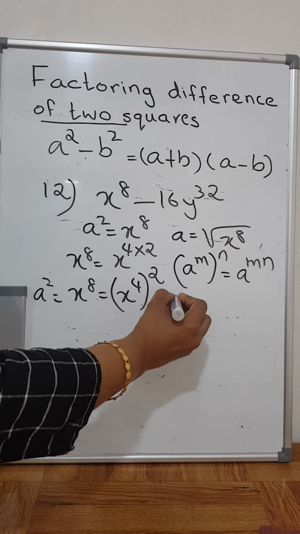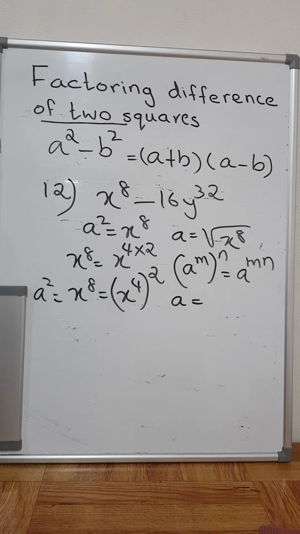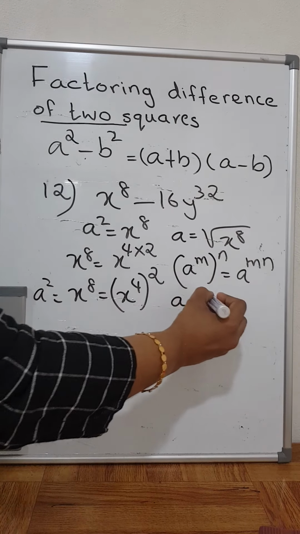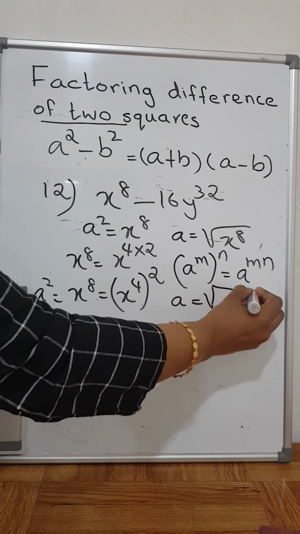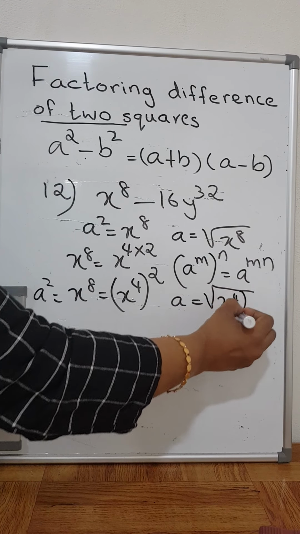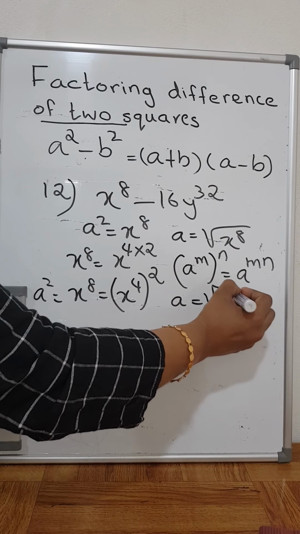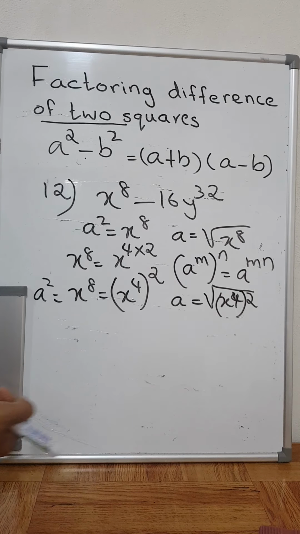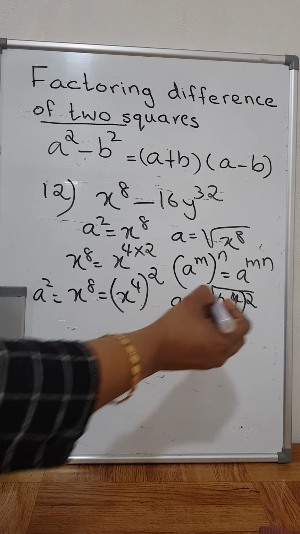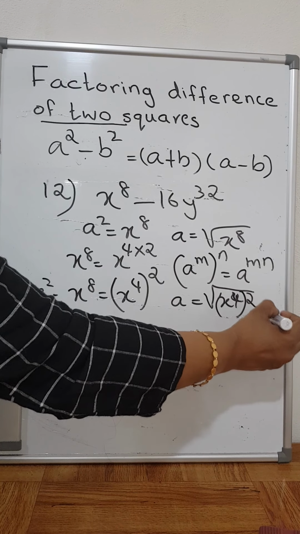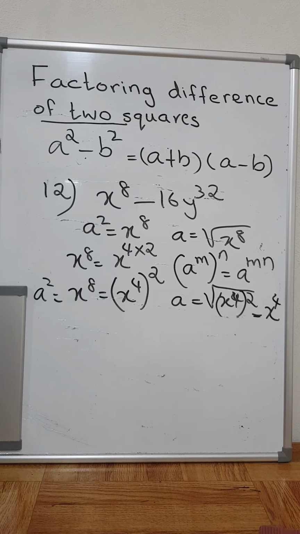So how much is a? a is equal to the square root of (x to the power 4) the whole square. So root and square cancel out. a is x to the power 4.